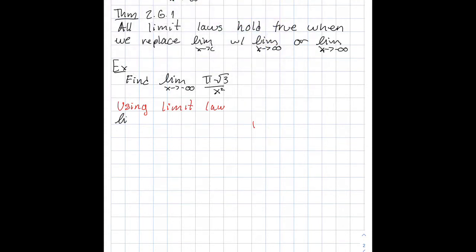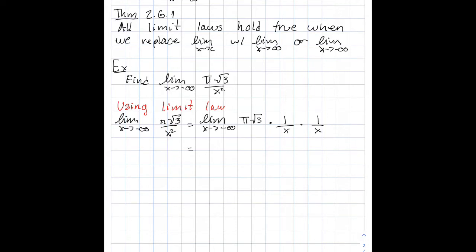So we can rewrite the limit as x goes to negative infinity of pi square root of 3 over x squared as the limit as x goes to negative infinity of pi over 3 times 1 over x times 1 over x. So those are my three functions.